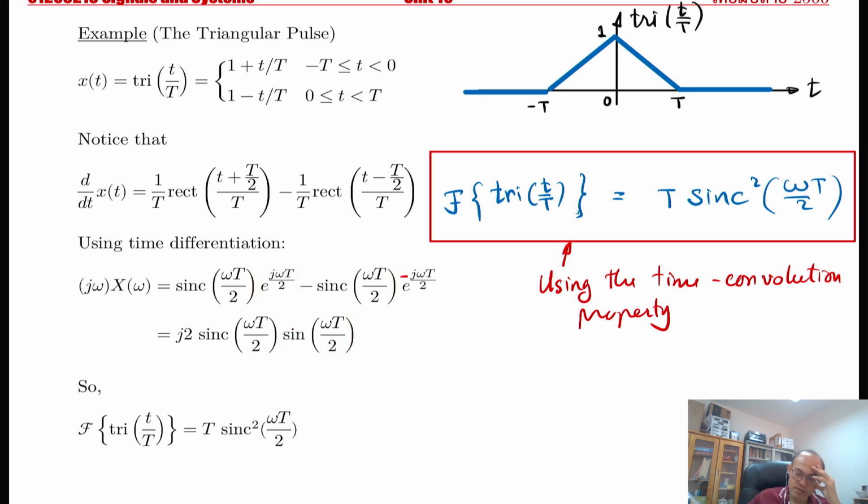To go from here to here, we use Euler again: e to the j omega T over 2 minus e to the minus j omega T over 2 is equal to j2 sine of omega T over 2. So that's why we have this one.